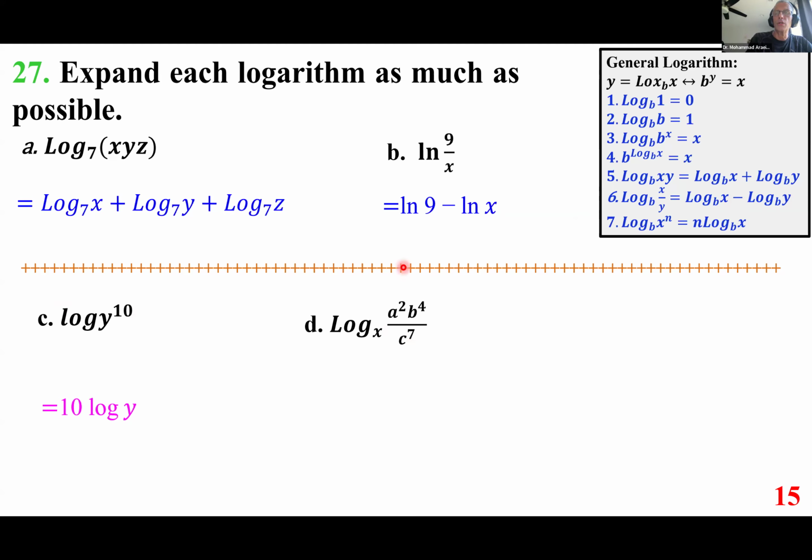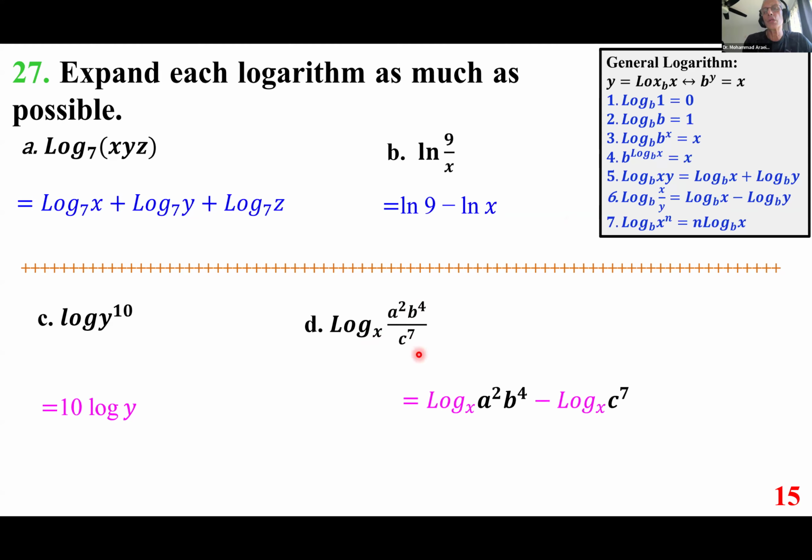Now this one, actually you can do it in one shot, but we're going to use first number 6, the quotient rule: log of the top minus log of the bottom. So log base x of a squared b to the power of 4 minus log base x of c to the power of 7.